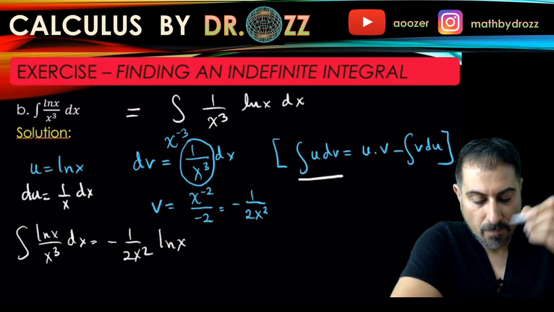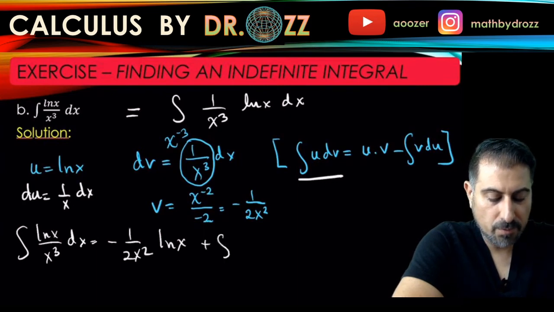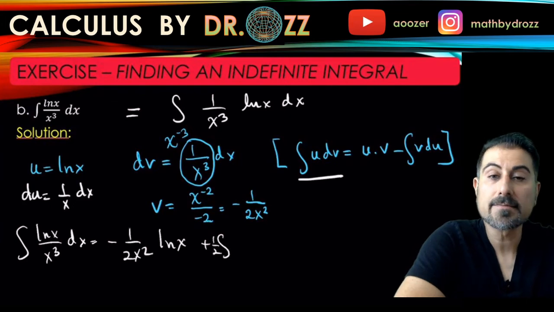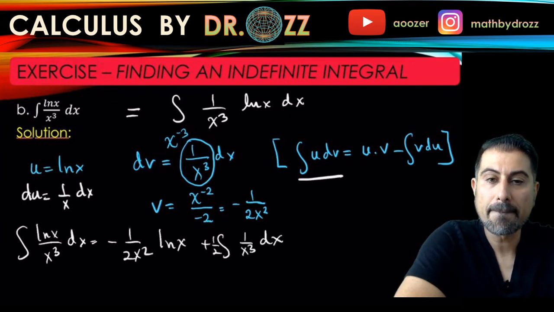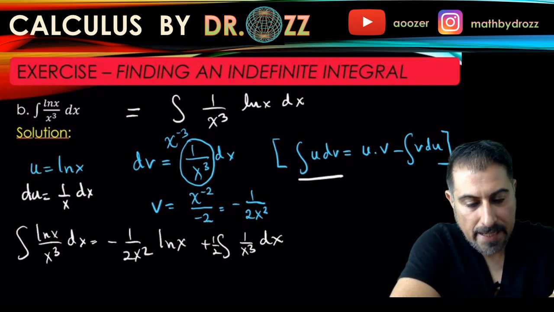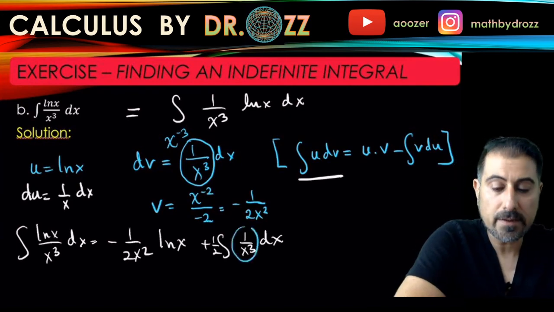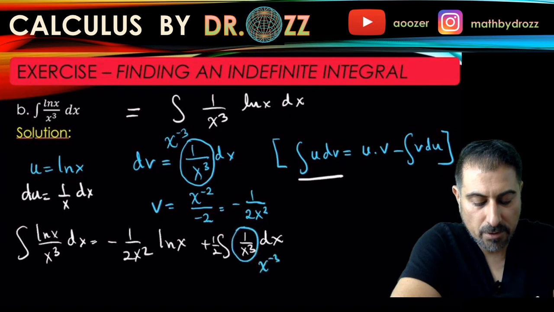Here we go. So that should be plus 1/2 times the integral of 1 over x cubed dx. All right, so now I need to take care of the last integral. To do that, I am going to rewrite this as, again, x to the -3 and use the power rule for integration. Let me continue here.